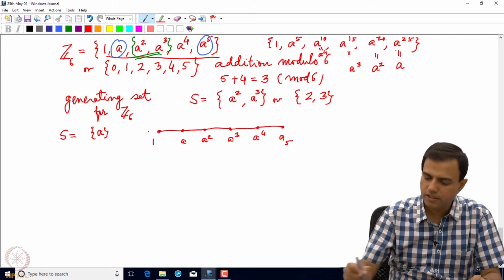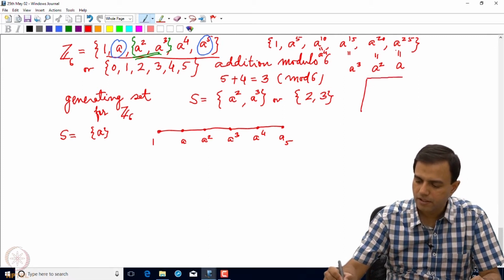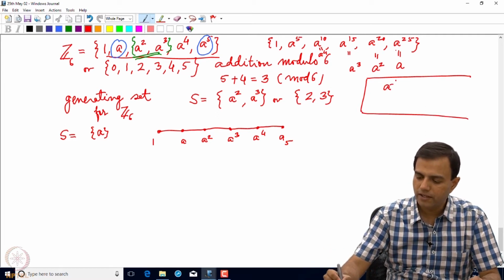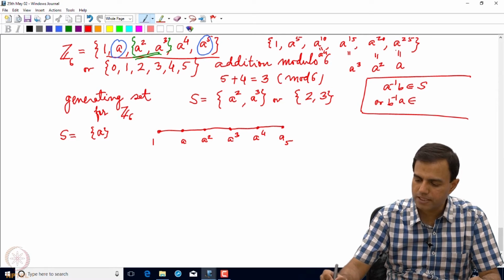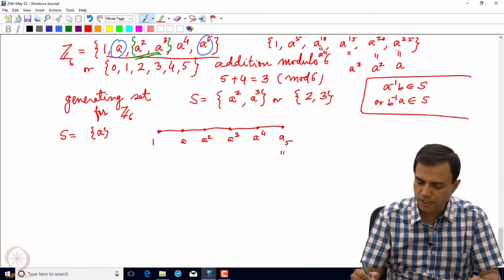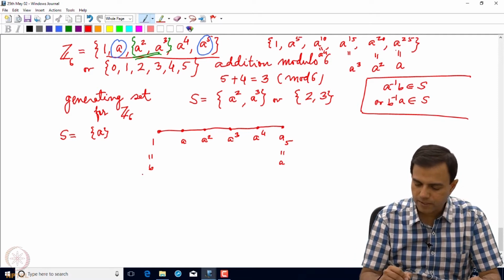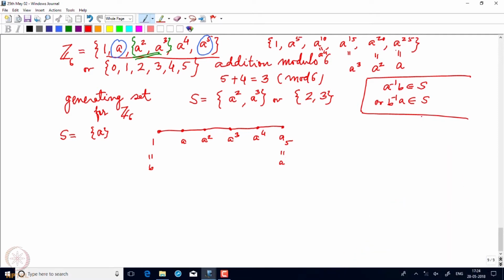So what's the condition for connecting edges? Either A inverse B should belong to S, or B inverse A should belong to S. If I take this to be A, this to be B, A inverse B is A, because A to the power 5 inverse times 1 is A, and that belongs to S, right?